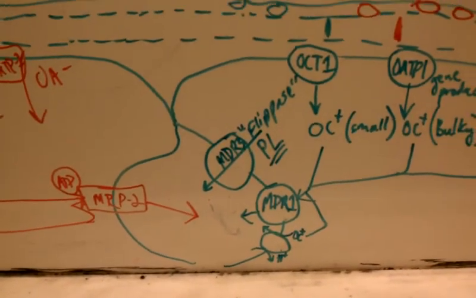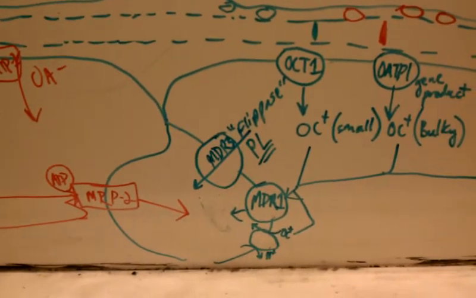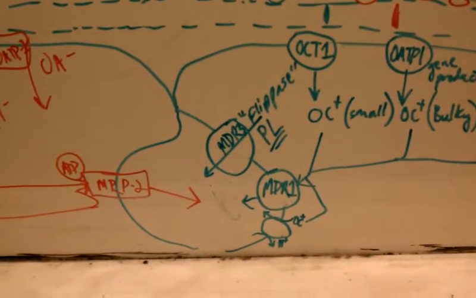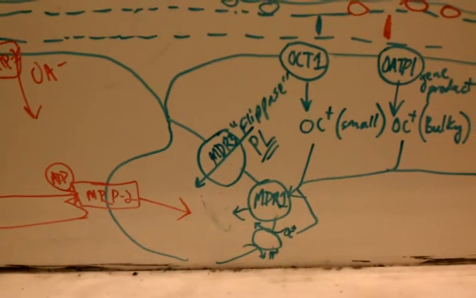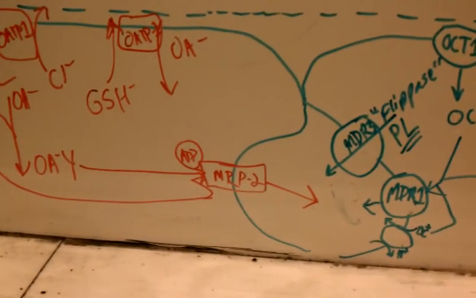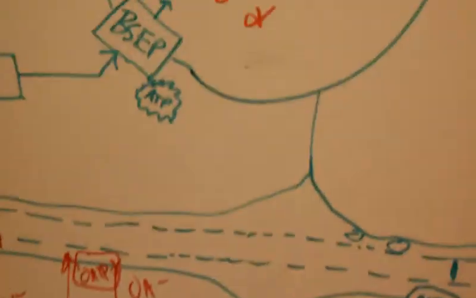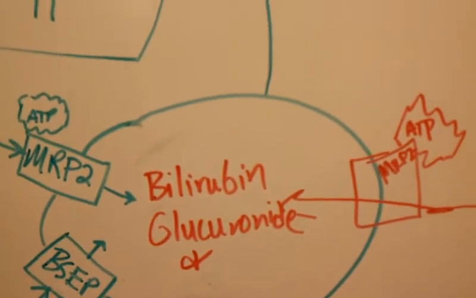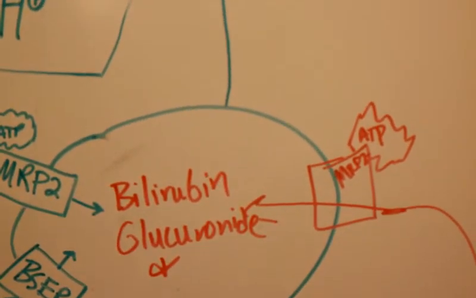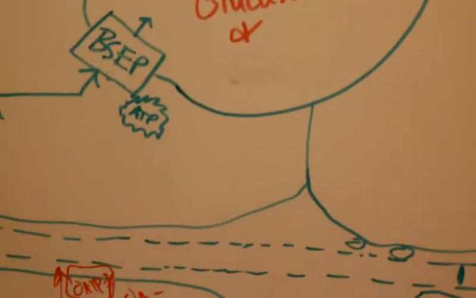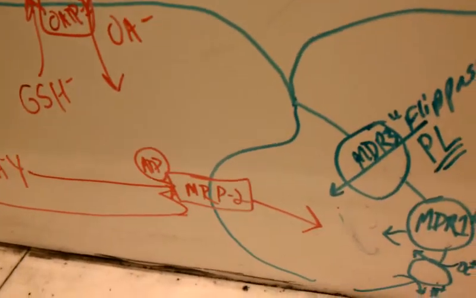You can have a multidrug resistance protein 1, which is different than multidrug resistance-associated protein 2, as we saw with bile acids, bilirubin, and organic anion excretion.